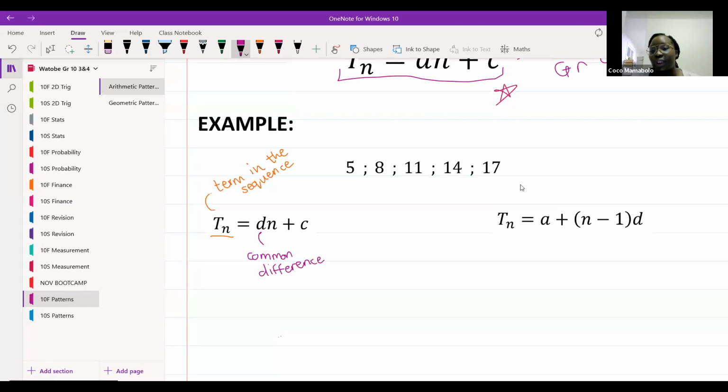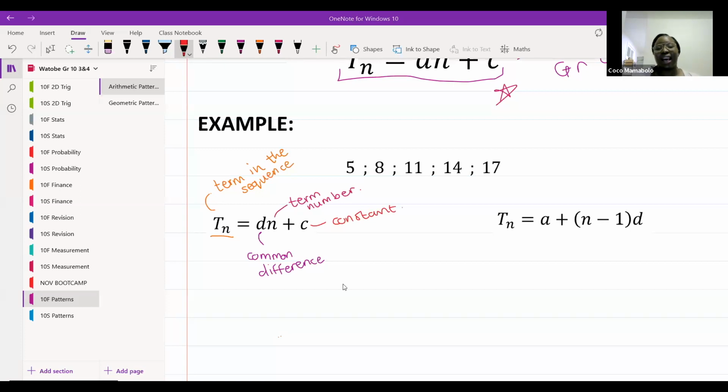Okay, so it's very important that we understand the difference between Tn and n, and I'm about to show you the difference now. Tn is the actual number in the sequence, but n stands for the term number. Okay, n stands for the term number. The c in this particular calculation will stand for the constant, and I'm going to show you where the constant comes in this particular question.